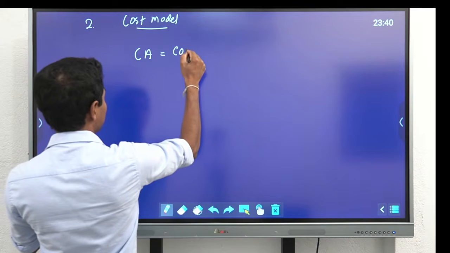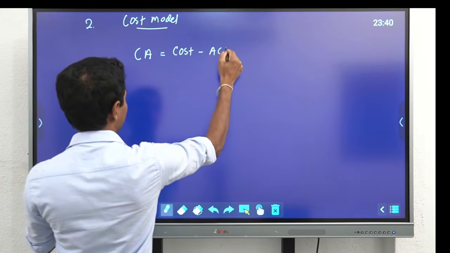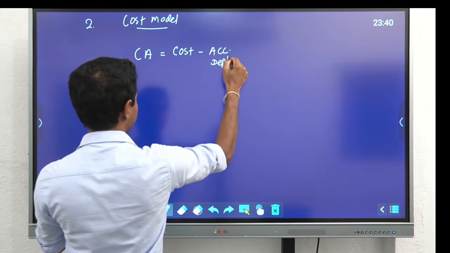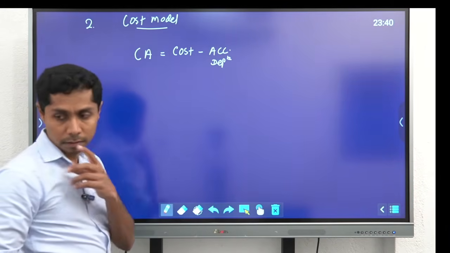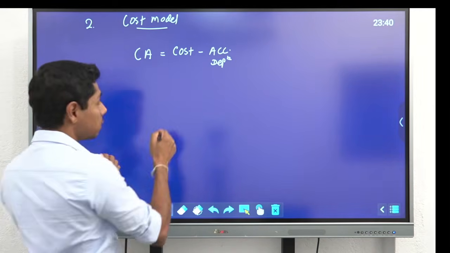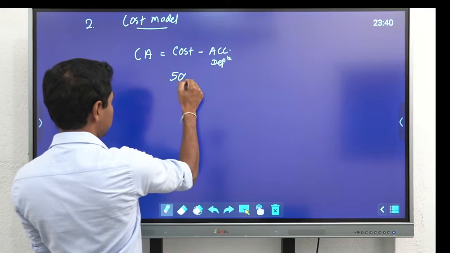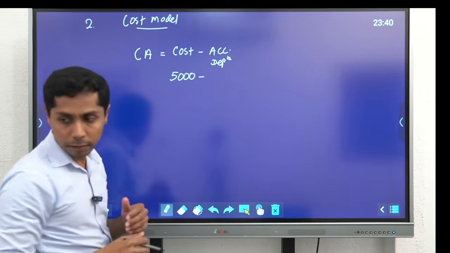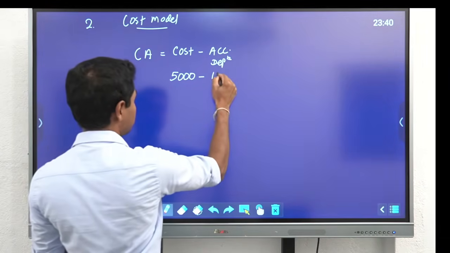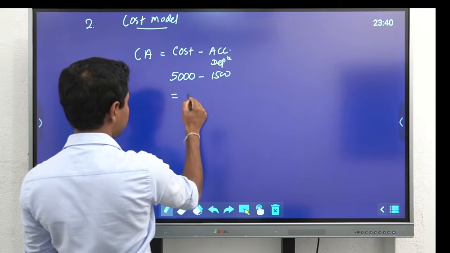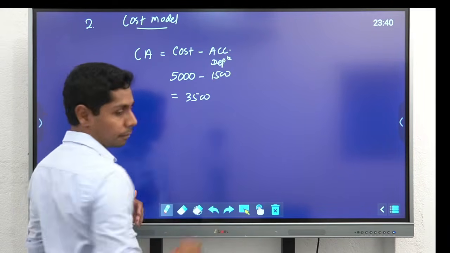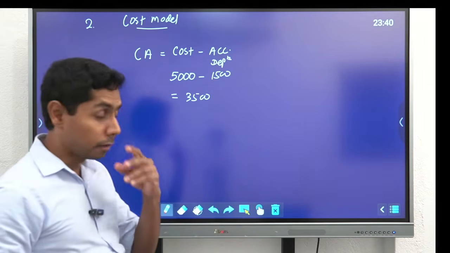Cost is 5 million. Let me take in thousands, then it will be easy. And the accumulated depreciation is 1,500. So the carrying amount is 3,500.